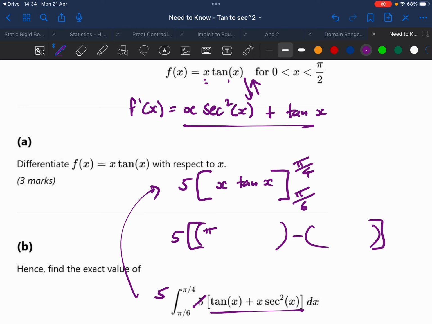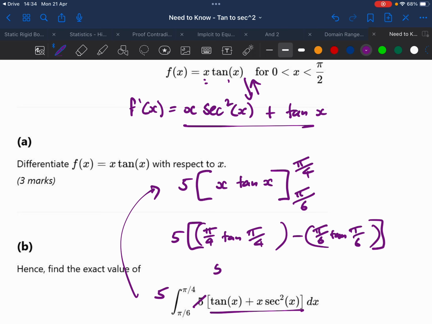You can see again, pi over 4, tan pi over 4. Pi over 4 we had on the previous slide as well, which was just 1, wasn't it? And then over here we're going to have pi over 6 tan pi over 6.